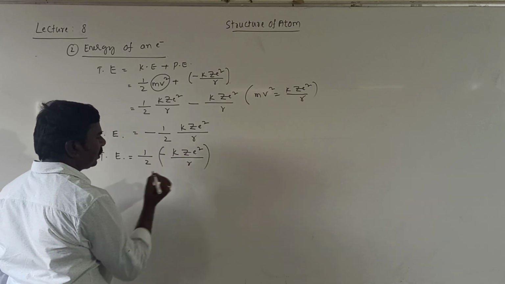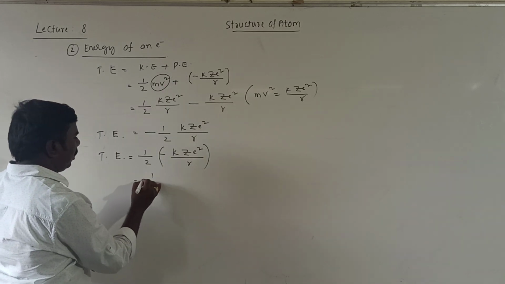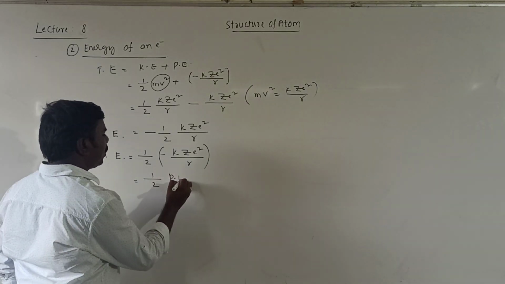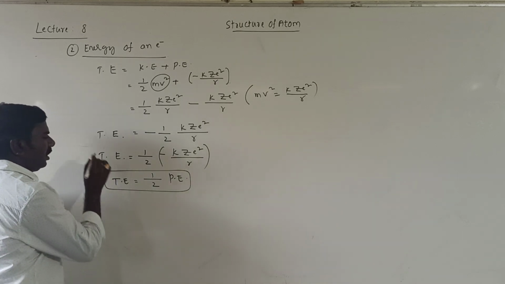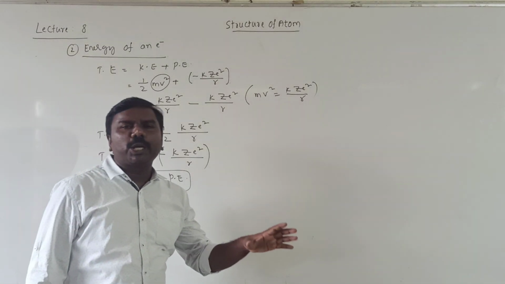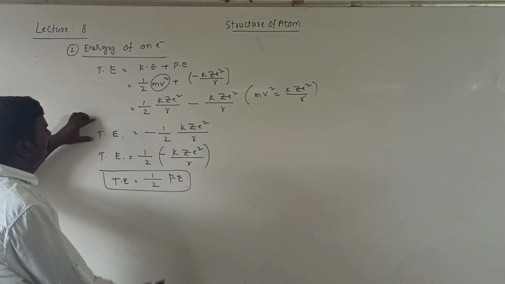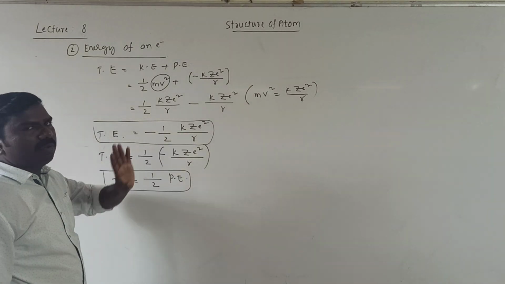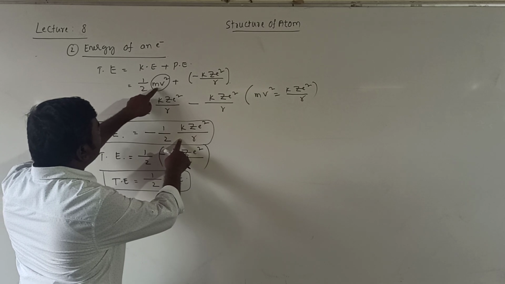Shall I take it like that? This half of minus kZe square by r equals the potential energy. So total energy is equal to half into potential energy. Simple problems are there. Next, total energy equals half into minus kZe square by r. This is nothing but the kinetic energy, mv square.